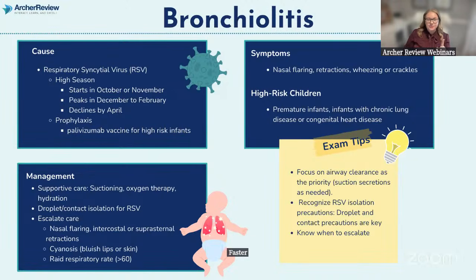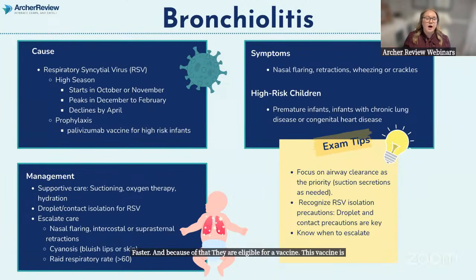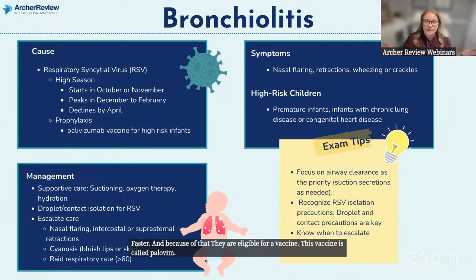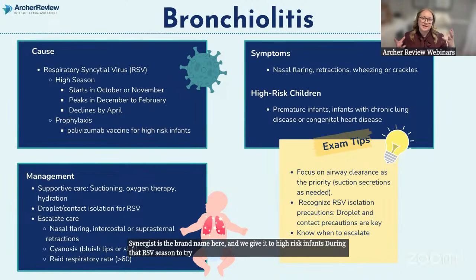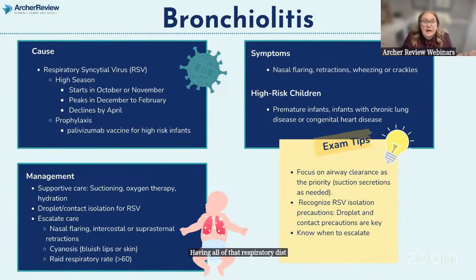And because of that, they are eligible for a vaccine. This vaccine is called palivizumab. Synagis is the brand name here. And we give it to high-risk infants during that RSV season to try and prevent them from getting sick, having all of that respiratory distress that naturally comes with our bronchioles being inflamed.